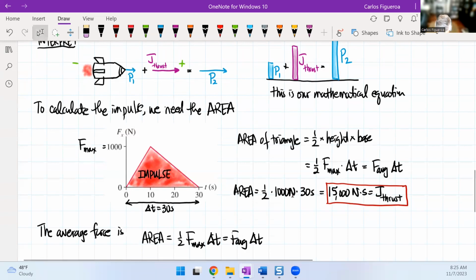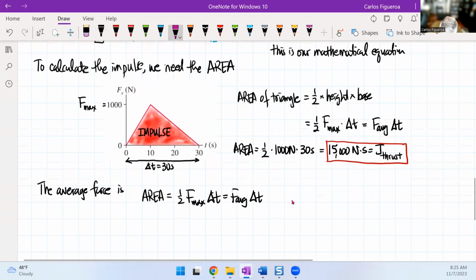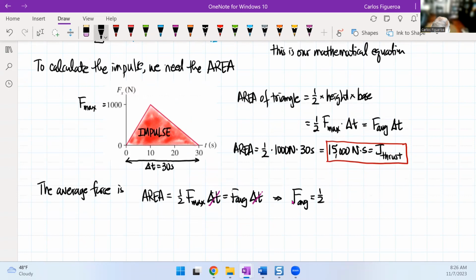If I just focus on the last two terms, you can see the time cancels out, and it says that the time average force is 1/2 F max. So in this case, this will be 1/2 times 1,000 newtons, which is then 500 newtons. Not 5,000, but 500 newtons.